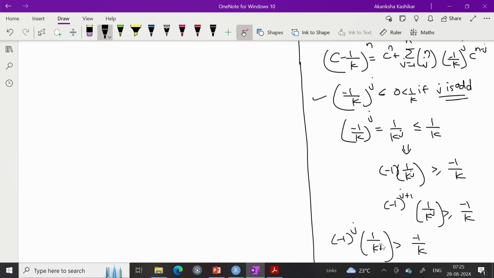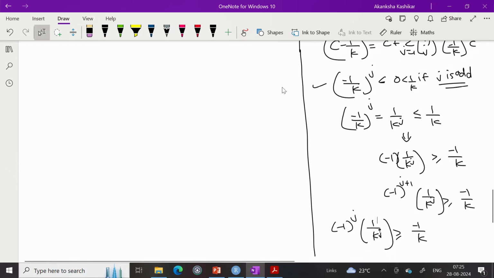And if j is odd, then also I can multiply both sides. So basically in both the cases I can write (-1/k)^j is greater than or equal to -1/k. Because if the left hand side is positive, then it is obviously larger than this negative number.